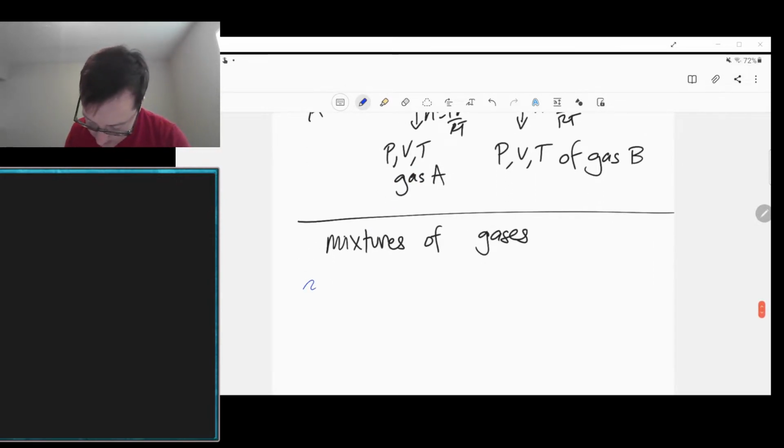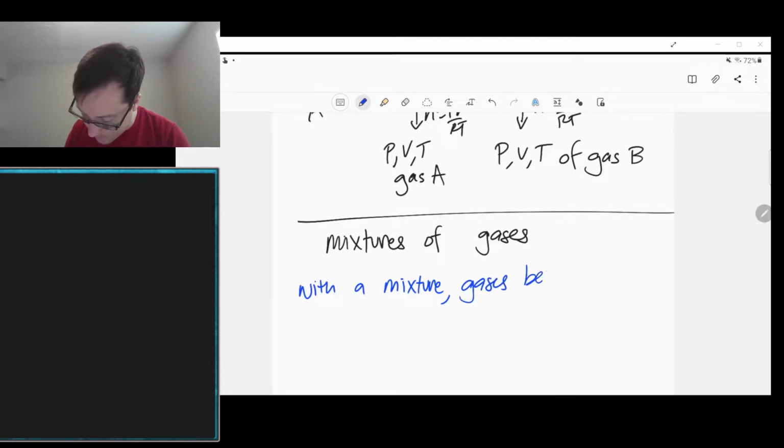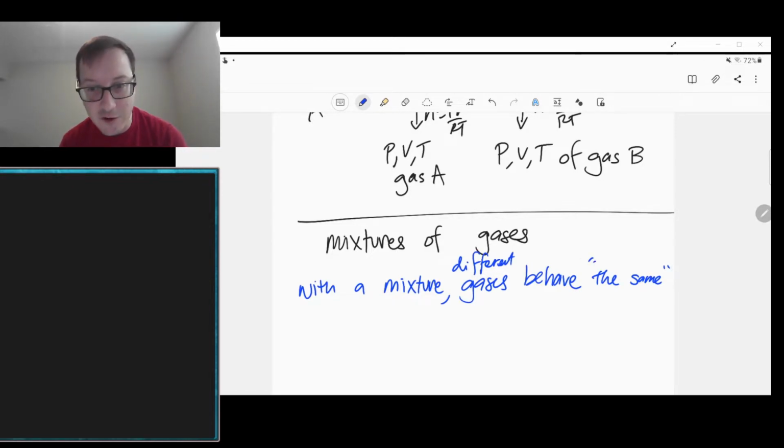So we're going to see that with a mixture, we see that gases behave, we kind of say, the same, in quotation marks, because we're going to see later on that as molar mass increases and all that, we start having deviations from ideal behavior. So in an ideal situation, gases all behave exactly the same way.